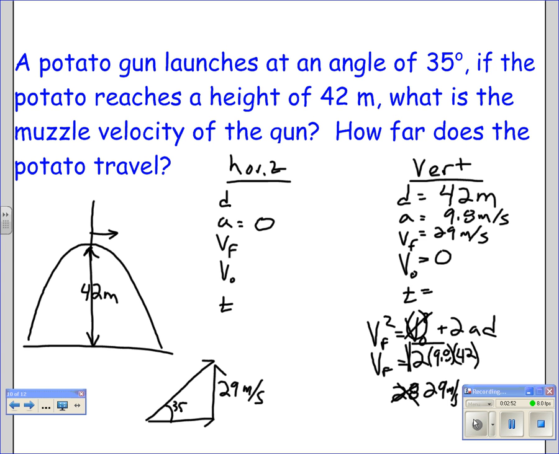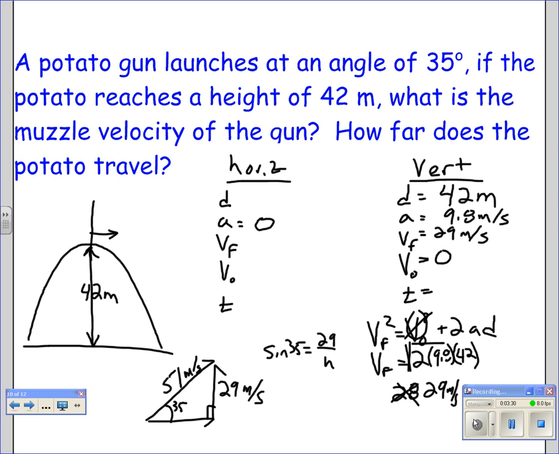Well, I now know this is a right triangle. I know angle and side, so that means that I can figure out what my hypotenuse is. If I say that the sine of 35 is the opposite, which is 29, over my hypotenuse, that means that 29 divided by the sine of 35 would give me 51 meters per second.